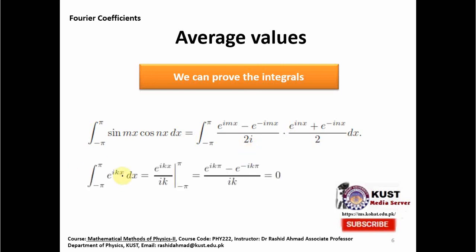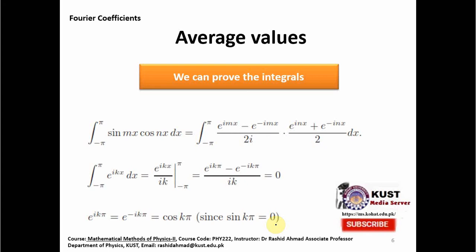These pure terms, for example, are of the form e raised to the power i kx, and this integral is now very simple to calculate. It is equal to e to the i kx by i k, going from minus pi to plus pi. If you put in these limits, you will see this is equal to 0, because e to the i k pi is equal to e to the minus i k pi. So in this way you can calculate all the average values.